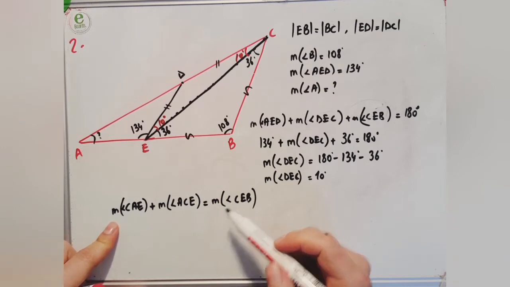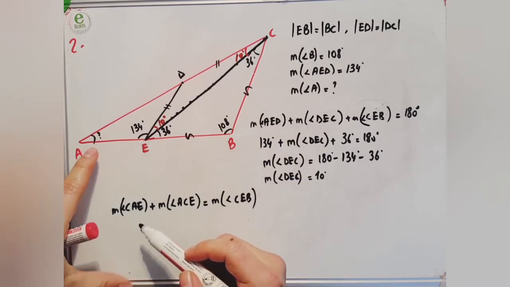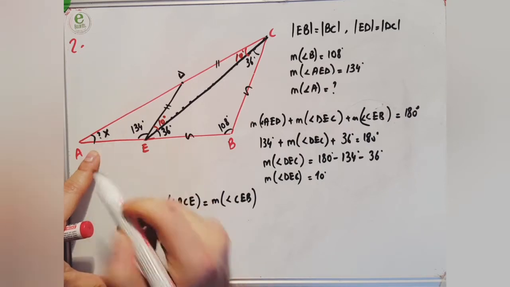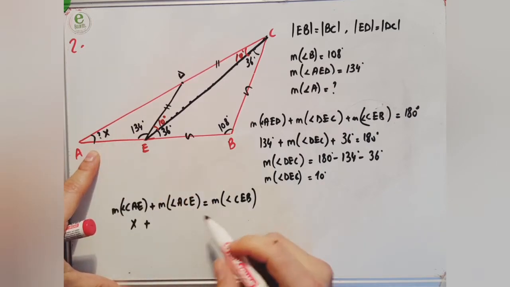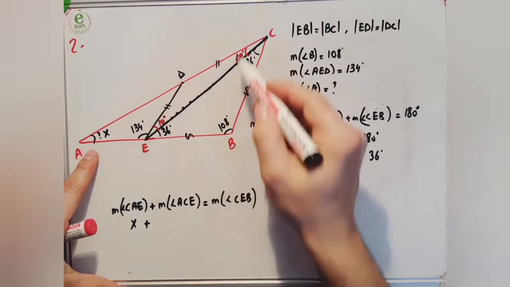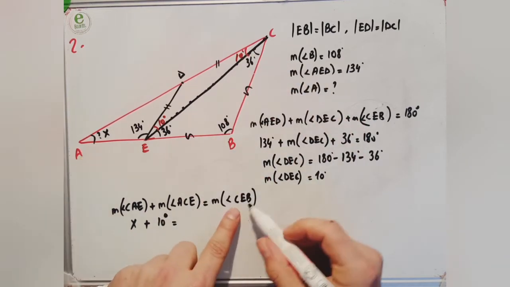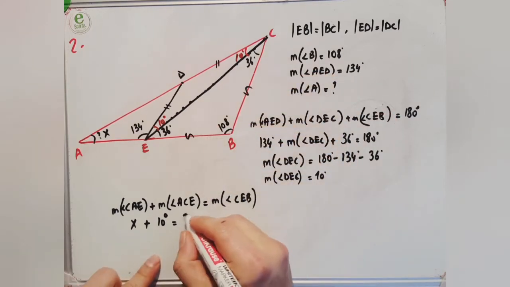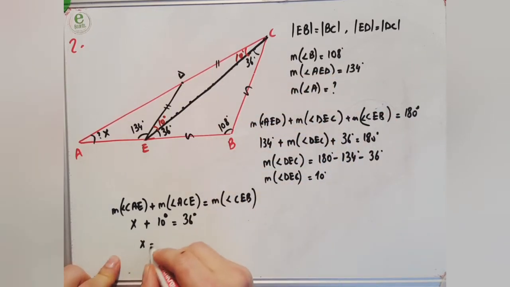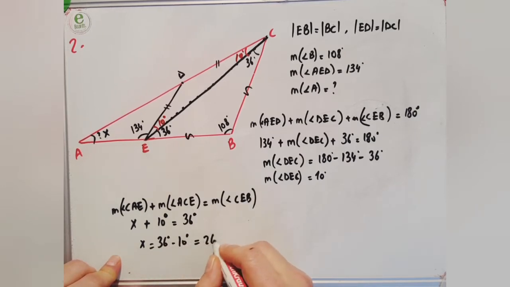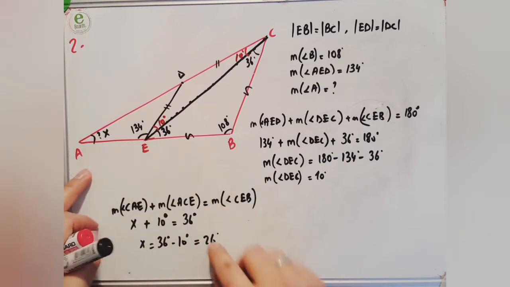So CAE is the measure of angle A, let's say X, plus the measure of angle ACE, 10 degrees, is equal to the measure of angle CEB, 36. So X is equal to 36 degrees minus 10 degrees, which is going to be 26 degrees. 26 is the measure of angle A.